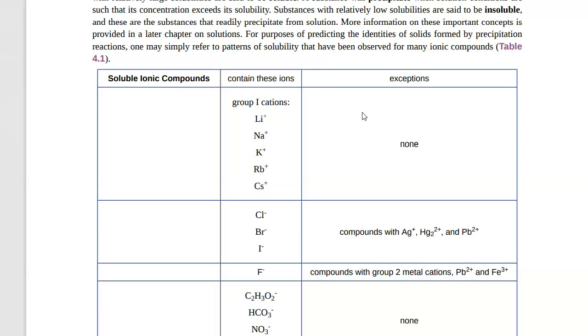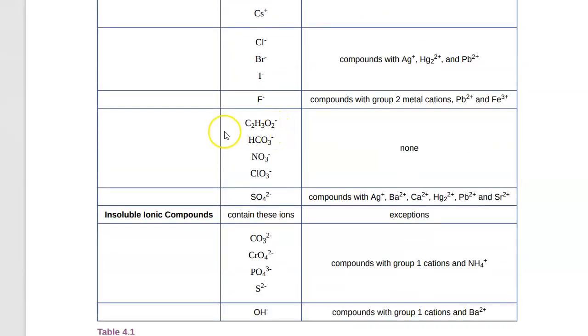If you see a halogen, if it's a fluorine, fluoride, for example, let's skip the halogens for a second. If you see an acetate, or a bicarbonate, hydrogen carbonate here, or a nitrate, or a chlorate here, usually the acetate and the nitrate are pretty much the most important ones there.